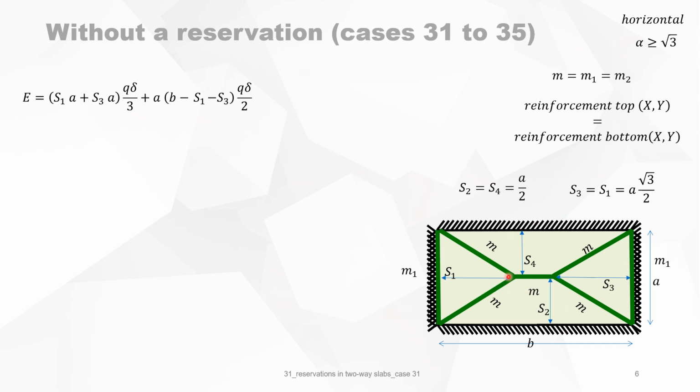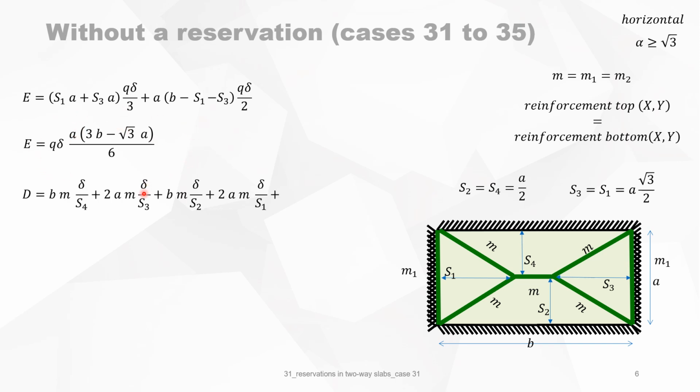What's left is the rectangle. It's A times B minus S1 minus S3, that's this little piece, times the mean deflection, which is delta over 2. Then we can substitute the values of S1 to S3 in it, and then we have this expression.